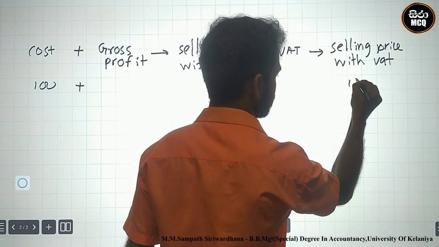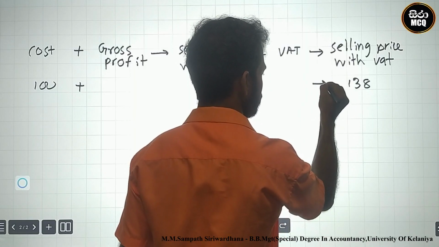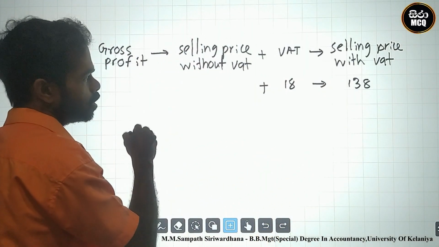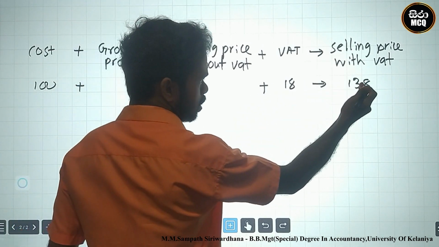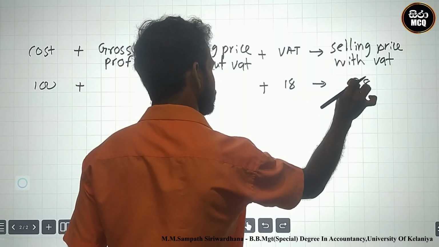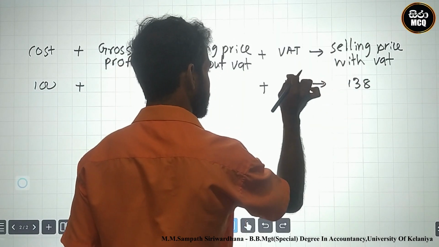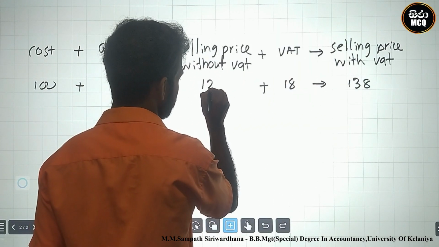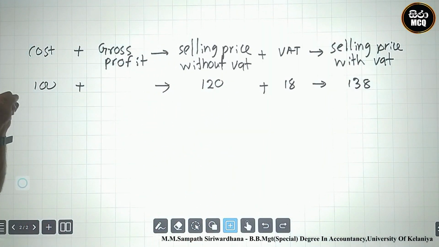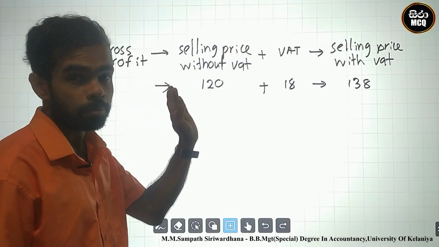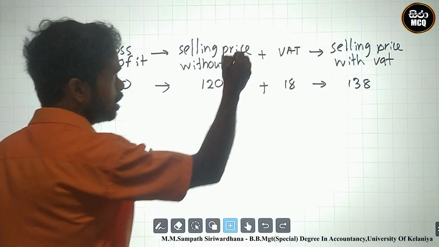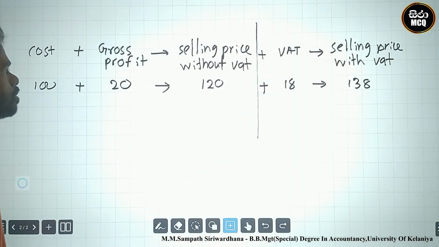VAT amount is which amount? VAT is 18. What is the selling price without VAT? The selling price with VAT 138 minus 18 is 120. Okay, what is the gross profit, the gap between 100 and the selling price without VAT? This is 20. Firstly, I identify the impact up to this point.